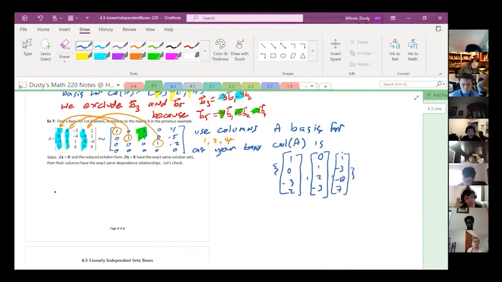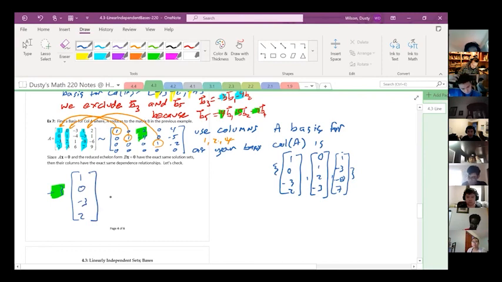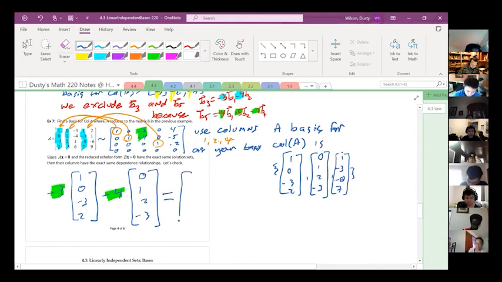So if you took -3, the first number in that third column, and you multiplied it by the first original column, 1, 0, -3, 2, and then -4, the second entry in that row reduced third column, and I multiplied it by the second column in the original matrix, 0, 1, 2, -3, what are we going to get here? -3.